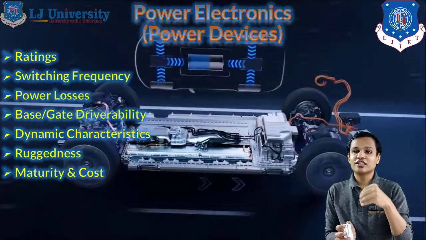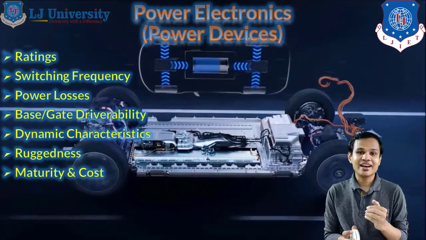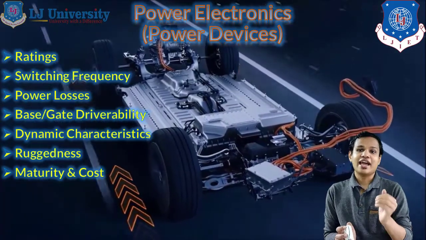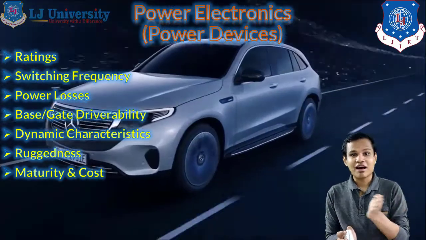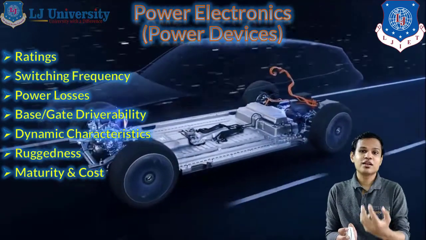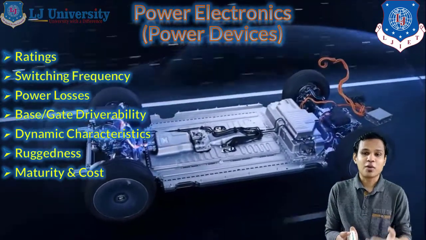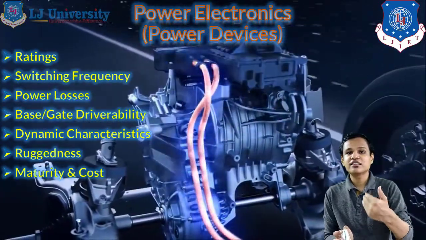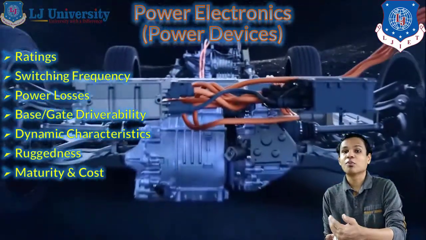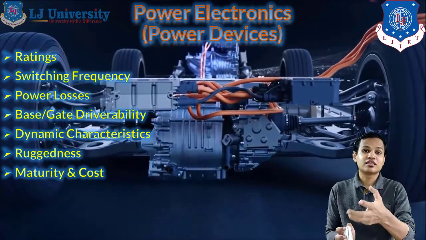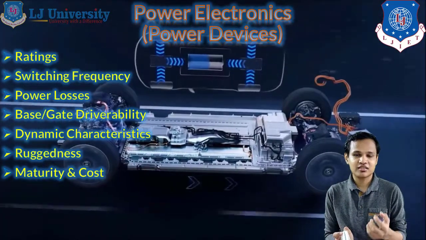Now these power electronic components are extra components through which we are supplying the power, such as in the case of a petrol or diesel engine, where there is a propeller shaft and a differential. These are extra transmission components. This can also be considered a transmission component as well.